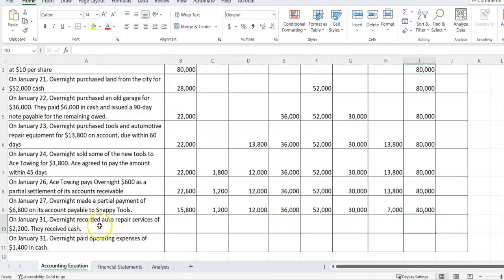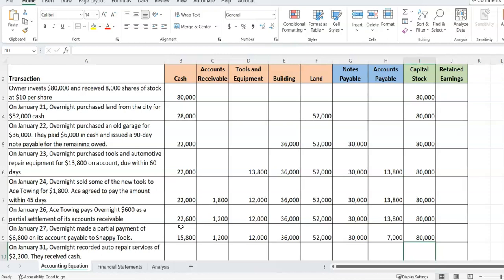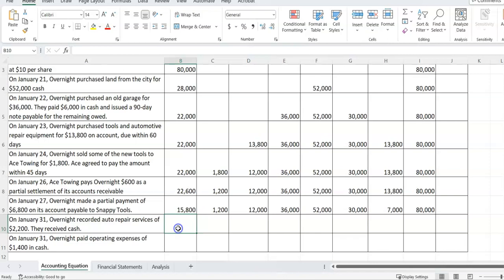Now we have Overnight recorded auto repair services of $2,200. We received cash. So people paid us for services in cash. Okay. So we did work. So we're adding cash this time.